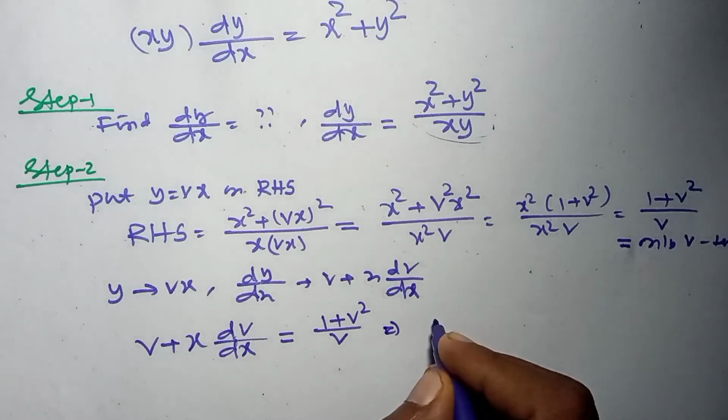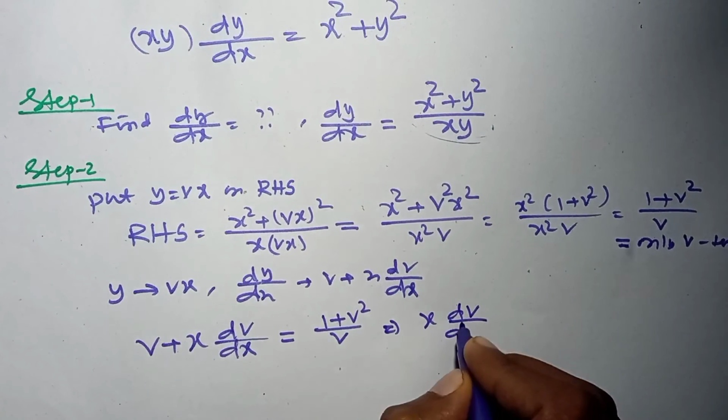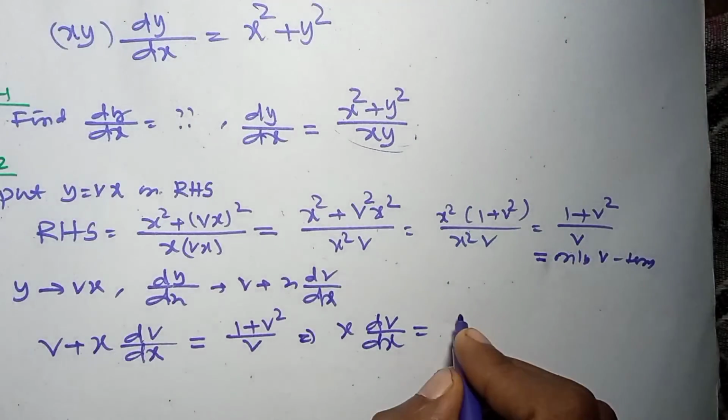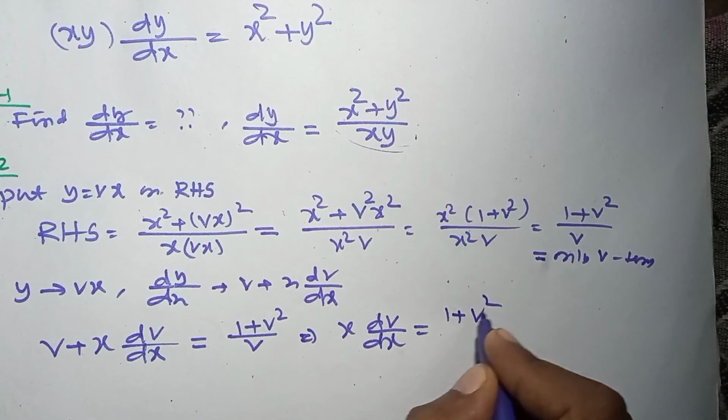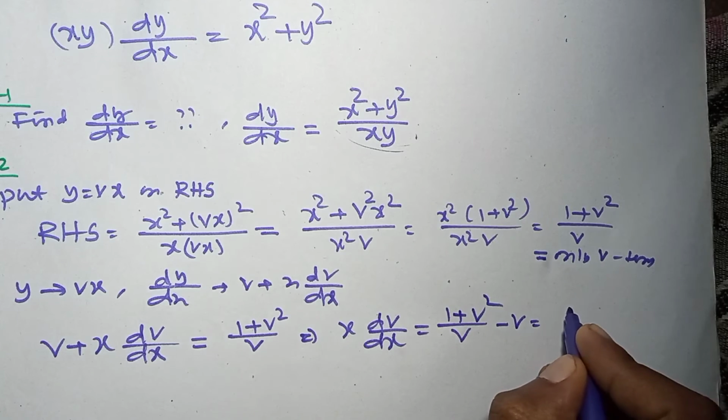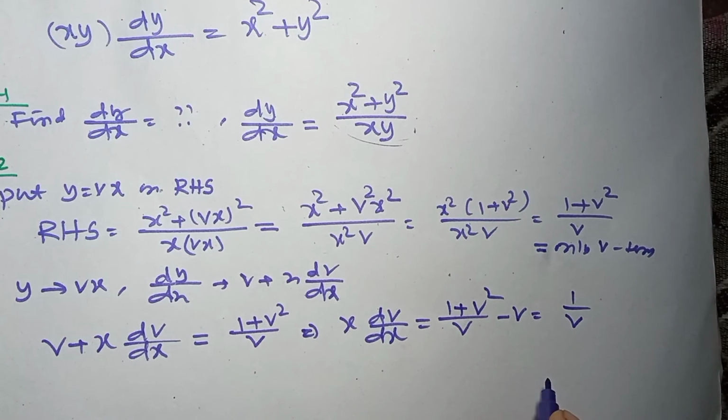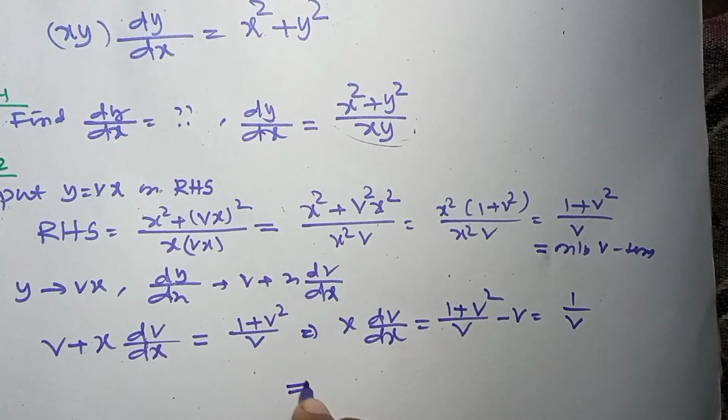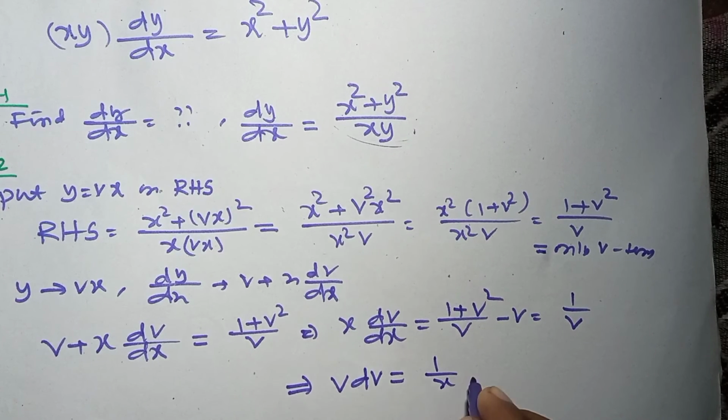This implies x into dv by dx will be 1 plus v square by v minus v, that will be 1 upon v. So from this I can write v into dv is equal to 1 upon x dx. This is by variable separable.